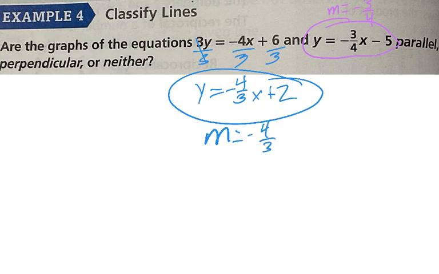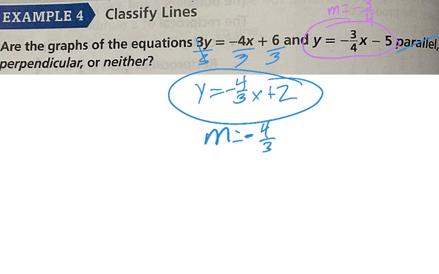So do they have the same slope? So they're not parallel. Do they have opposite reciprocal slopes? Are they reciprocals? Yes. Are they opposite? No. Remember, 2 things have to be true. They must be opposite signed and reciprocals.